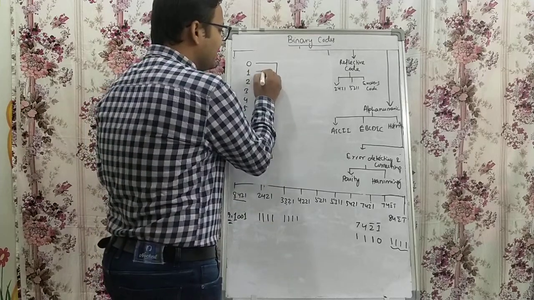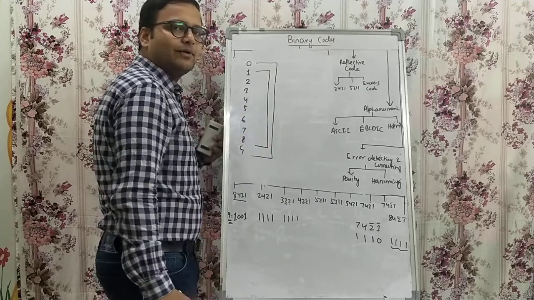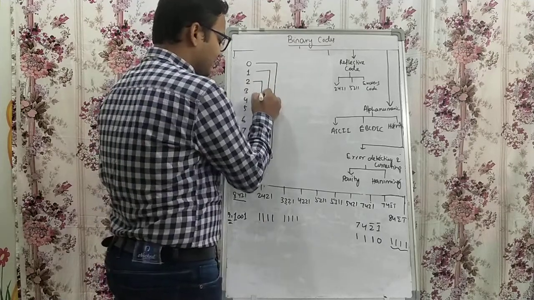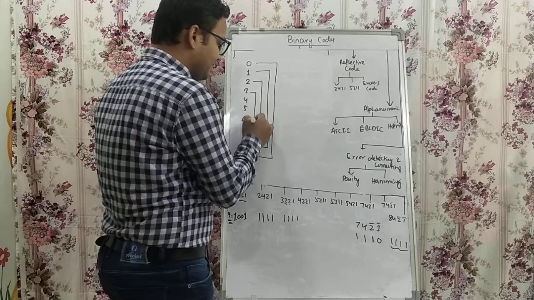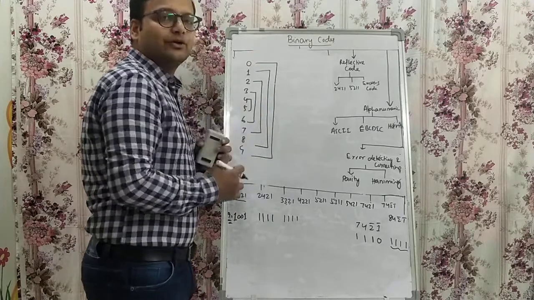If the binary value of 1 is represented similar to the binary value of 8, then it is called reflective code. 2 with 7, 3 with 6, 4 with 5. Okay, these are called reflections.